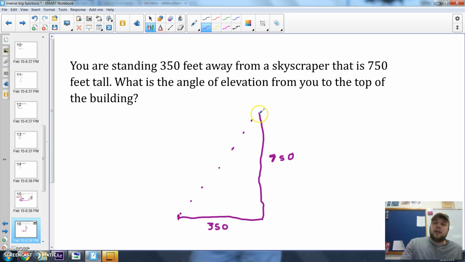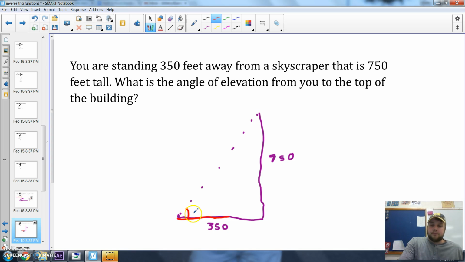Angle of elevation. I love that question. Now remember, if I was just looking straight, that is what I would see. Angle of elevation means I'm elevating. So if I'm looking straight, elevation means I'm going to look up. So how much does it rise from going straight to up? That's the angle of elevation.